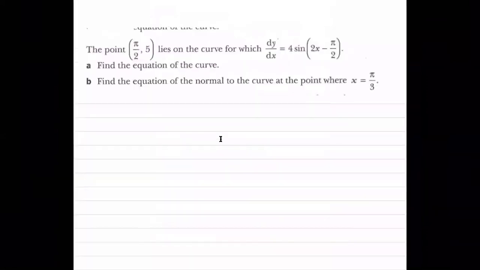Okay. Then there's a point pi upon 2 comma 5. It is lying on the curve that has a gradient function of 4 sine 2x minus pi by 2. We need to find the equation of the curve.